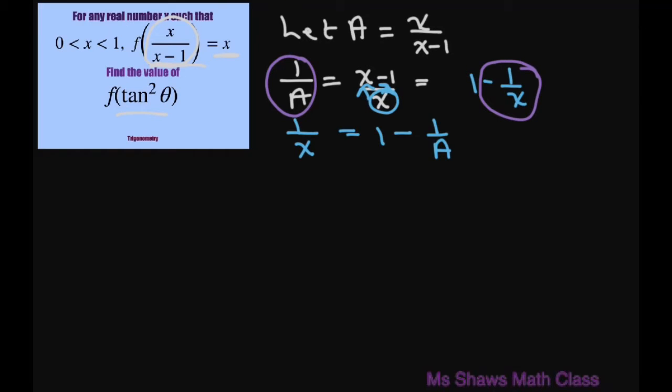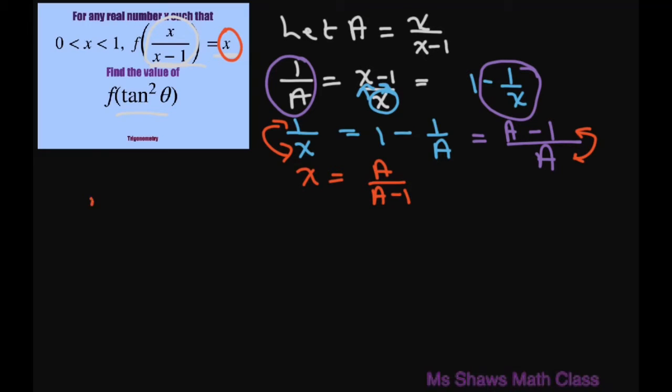Now getting your common denominator, this is going to equal a, and this is going to be a minus 1. So if you flip this around, we can solve for x now. Our x is going to equal a divided by a minus 1.